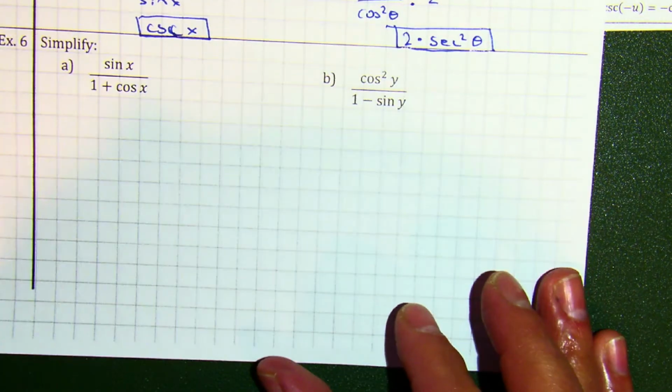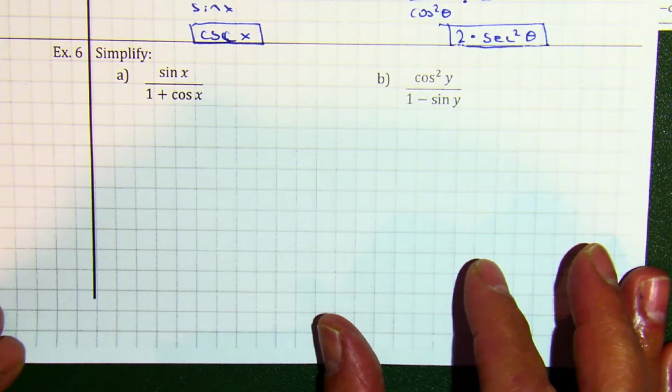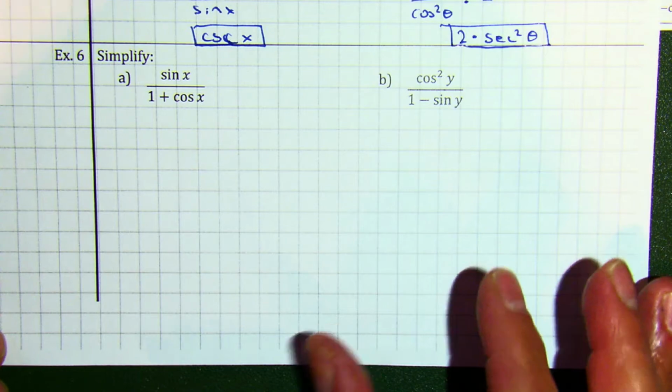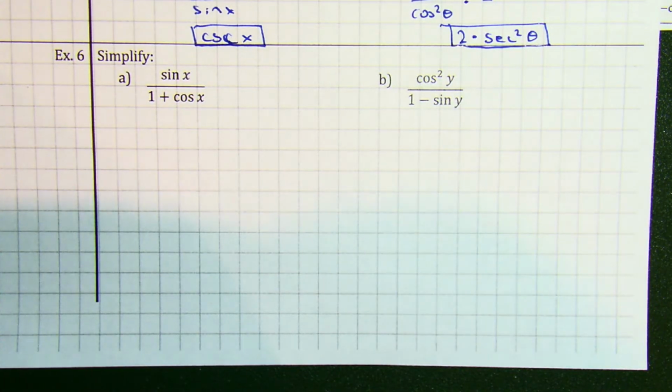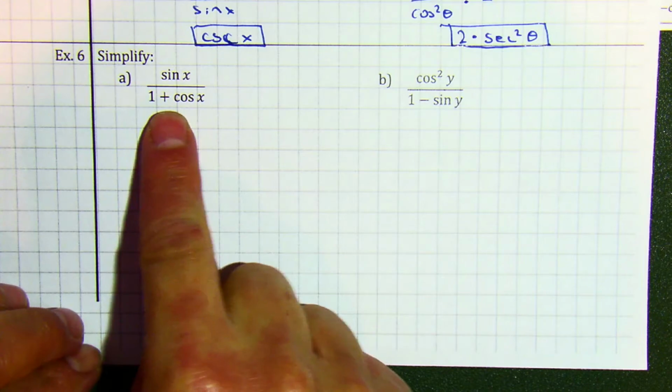Example number 6, last example for today. Simplify. In order to be able to simplify this, our first strategy is to change everything to sine and cosine. Our second strategy is to add or subtract fractions, but there's nothing to add, we only have one fraction.